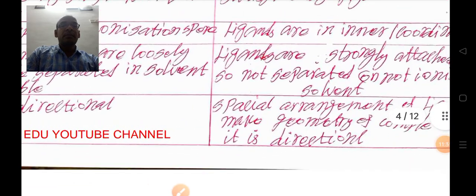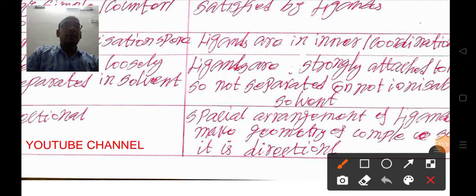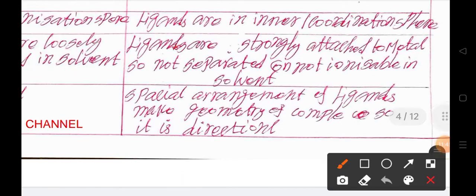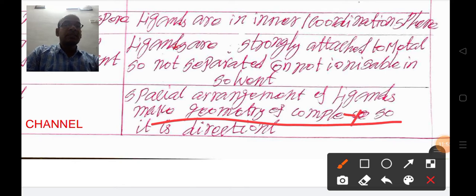Last, point number 6. The spatial arrangement of secondary valencies, that is ligands, makes the geometry of the complex, so it is a directional property.